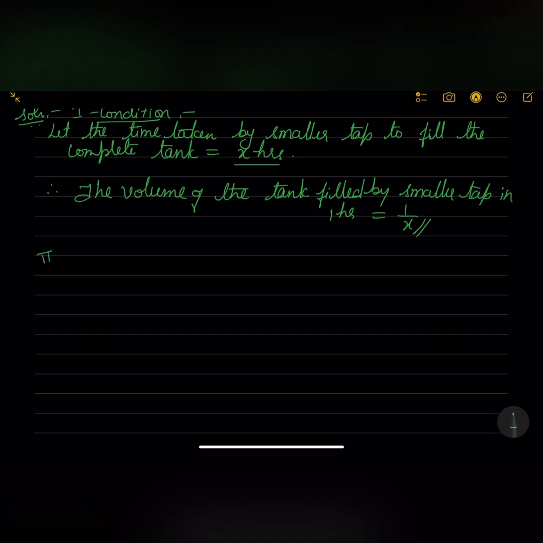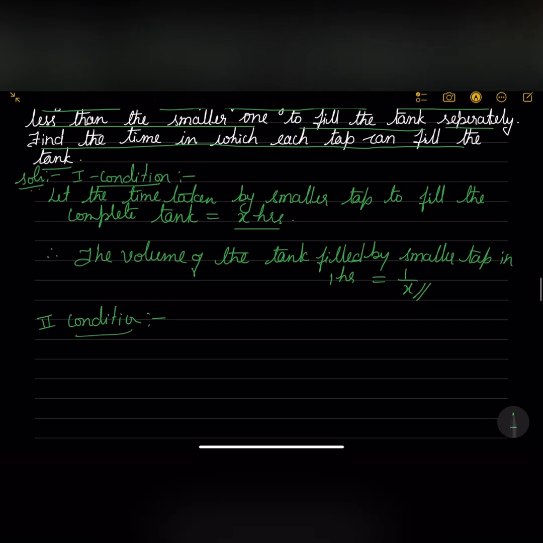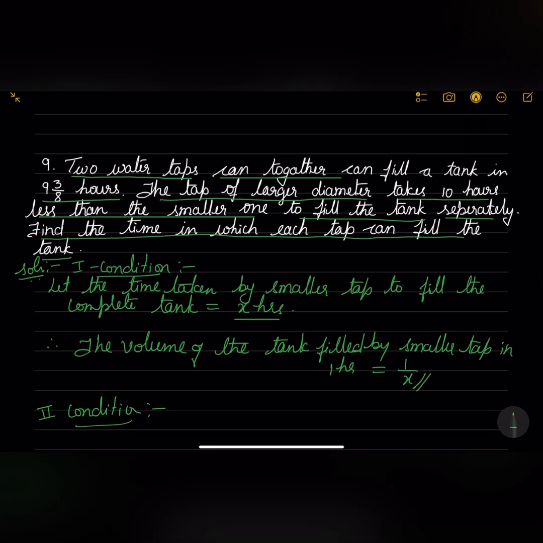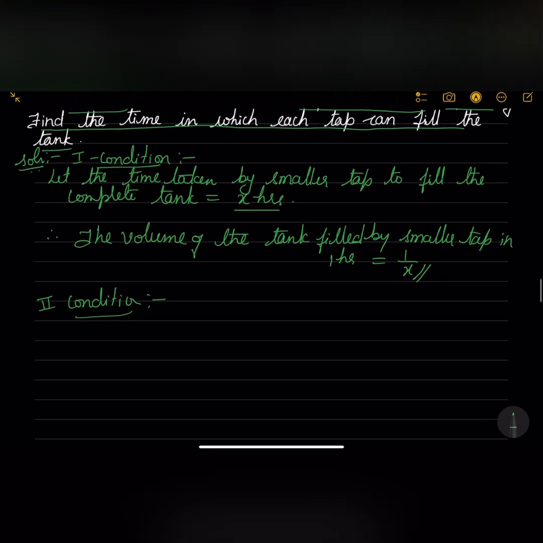Then we'll go for the second condition. What is the second condition in this case? The time taken by the larger tap is 10 hours less. They have given that the tap of larger diameter takes 10 hours less than the smaller one to fill the same tank.